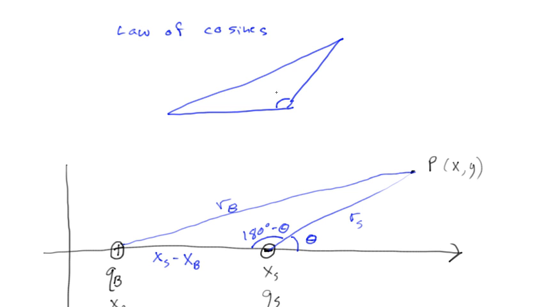Alright, so this is generic stuff up here. This is not the same theta; this one up here is a generic theta. You've got A, B, and C, and according to the law of cosines, C squared is equal to A squared plus B squared. That's looking like Pythagoras's theorem so far, but then it goes minus 2AB cosine of theta. So in other words, you pick an angle, then the side opposite that angle squared is equal to the sum of the squares of the other two sides minus 2AB cosine of theta.